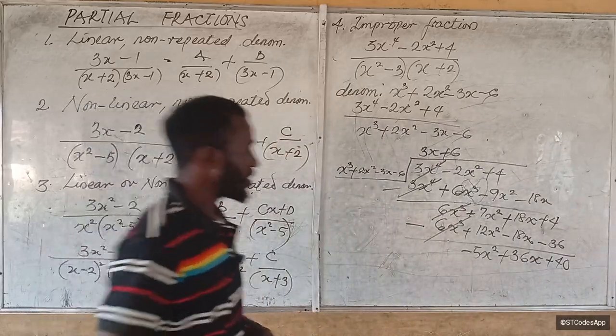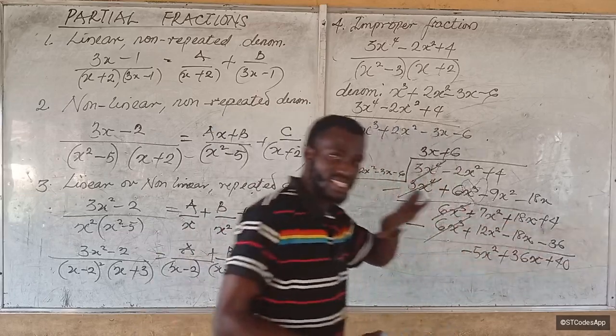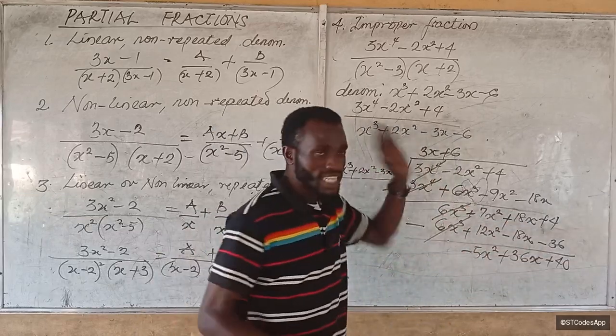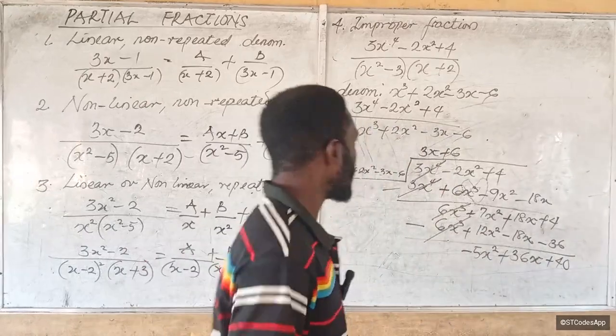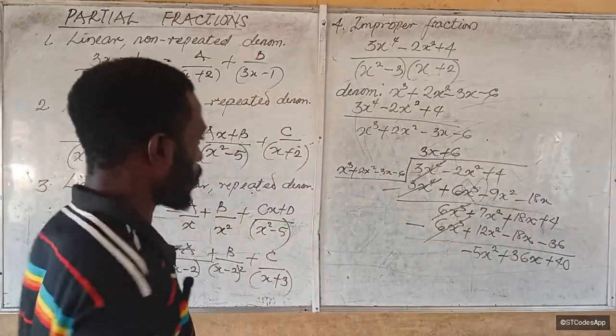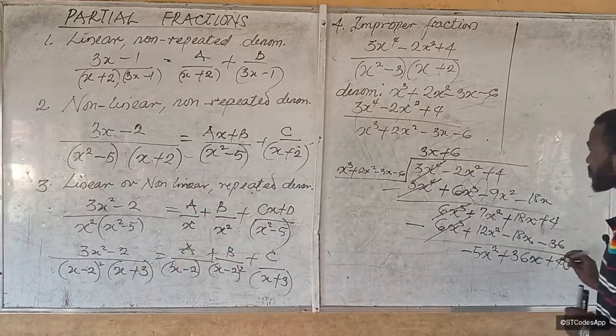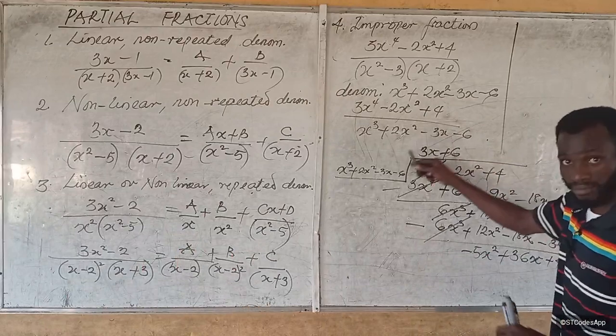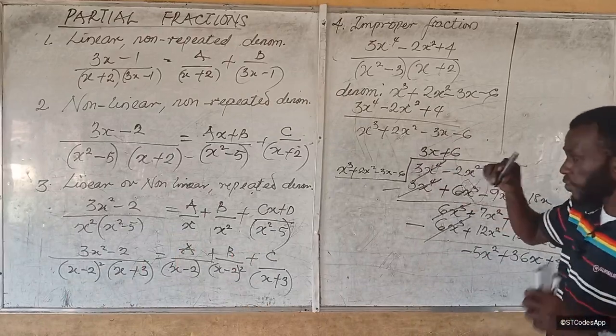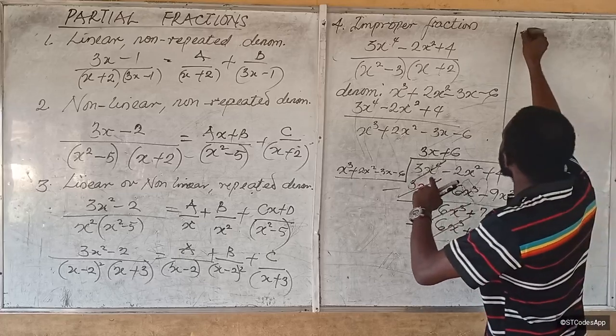So if you look at it now, this denominator is now less than the numerator. Then we can now solve. So how do we start our solving? Let me re-express. Our question will now become 3x.